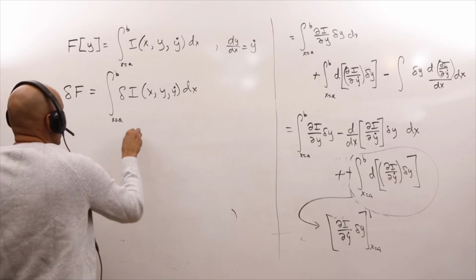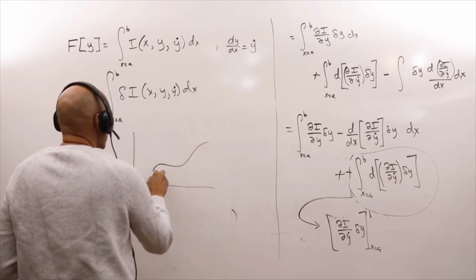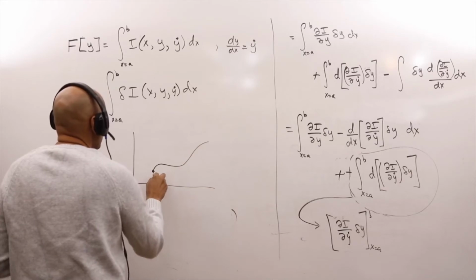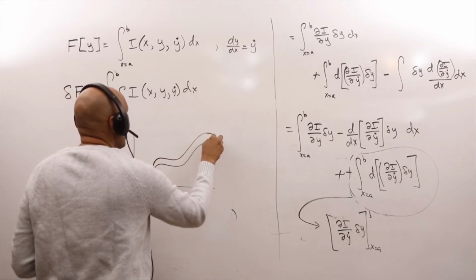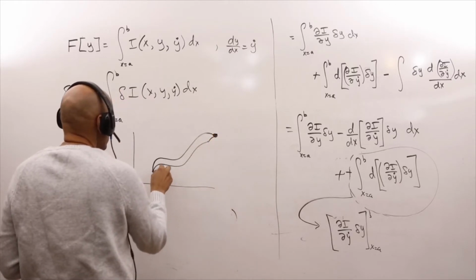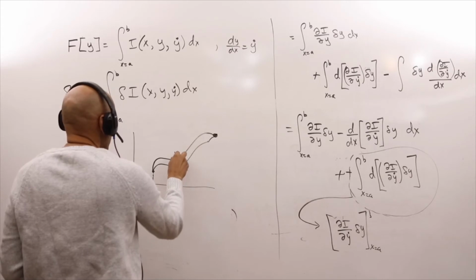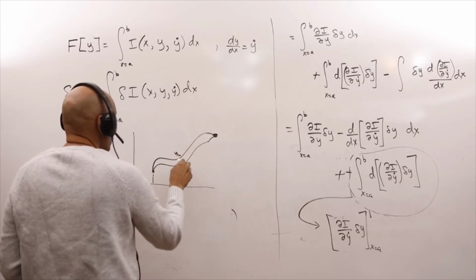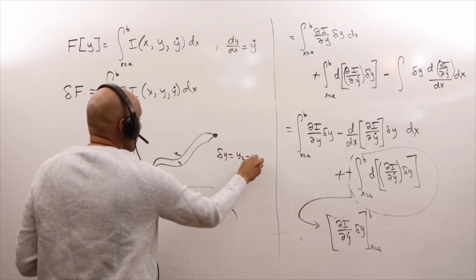So remember, we have some path, 2 gammas, 2 curves, y2 and y1, and they all start at the same point, and they always end at the same point. So that's what it means. So we're looking at 2 curves. The variation of y is really y2 minus y1.